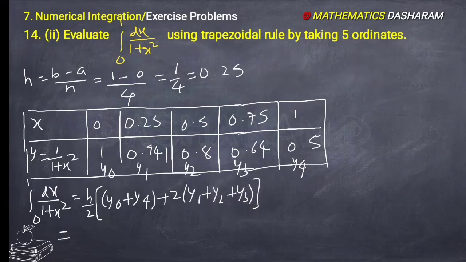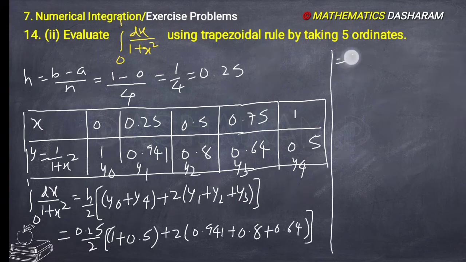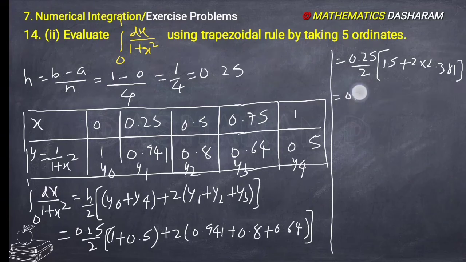Now substitute the values. It is equals to 0.25 divided by 2 bracket of 1.5 plus 2 into your addition of these three decimal numbers is 2.381. 0.25 divided by 2, 1.5 plus 2 into 2.381 equals 4.762.